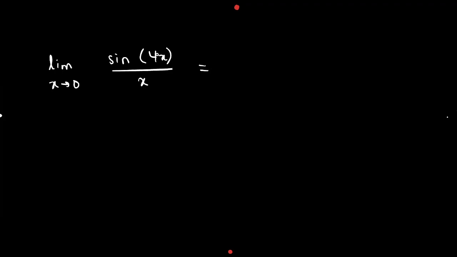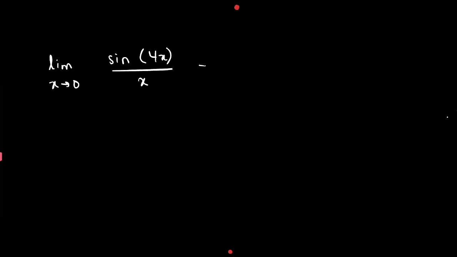Right, now let's look at a couple more examples. Let's say we're trying to find the limit as x approaches 0 of sine of 4x over x. Here again, if we try direct substitution, sine of 4 times 0 is sine of 0, which is 0, and we get our indeterminate form. So now let's use L'Hopital's rule.